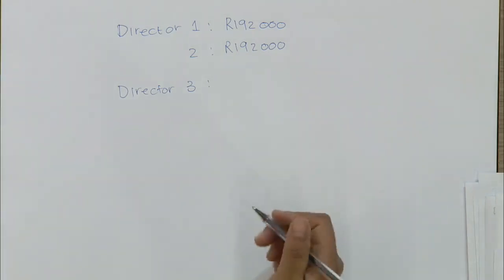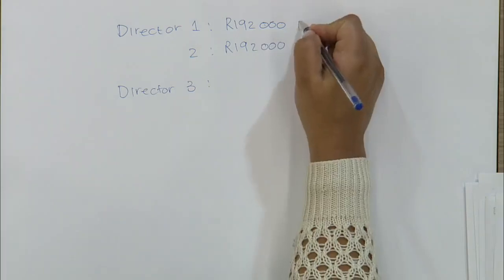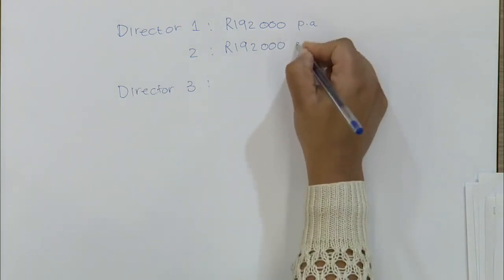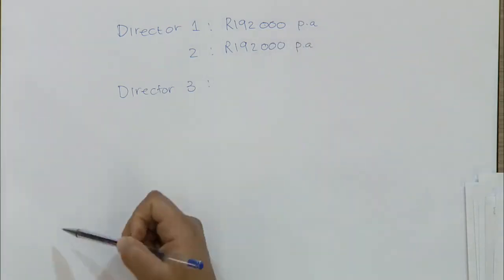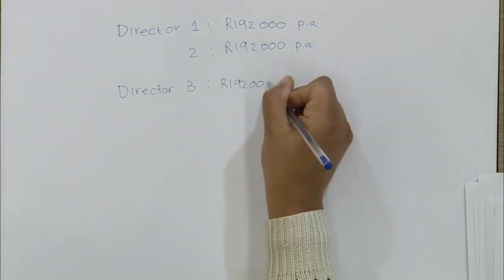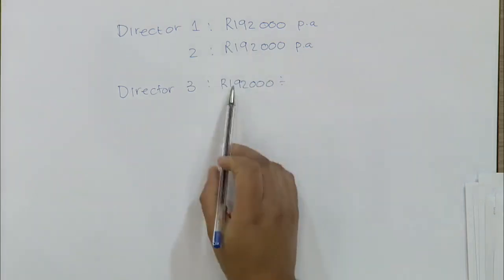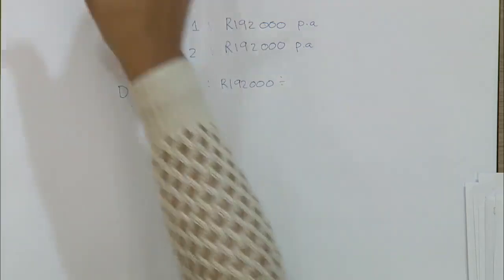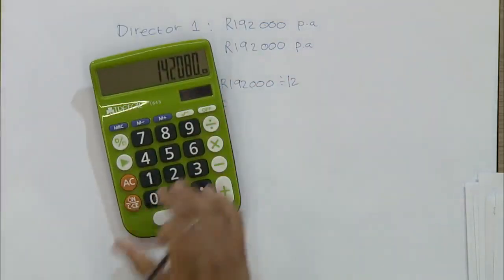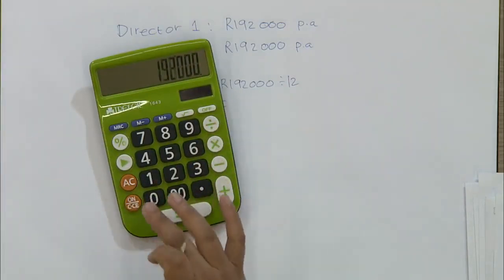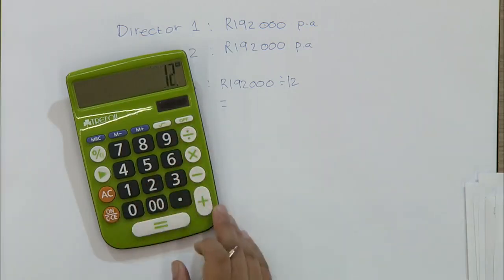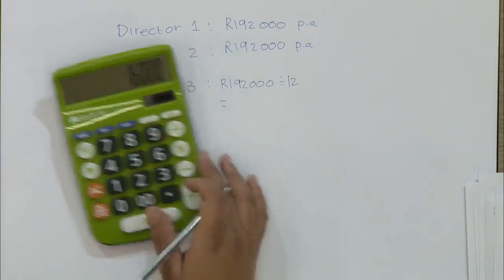Because this is per annum, meaning per year, we need to first figure out the monthly value. This is one way, but if you find a different way, by all means do so. So we say 192,000 divided by 12. It gives you 16,000.